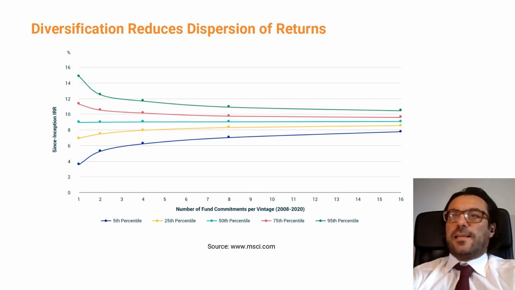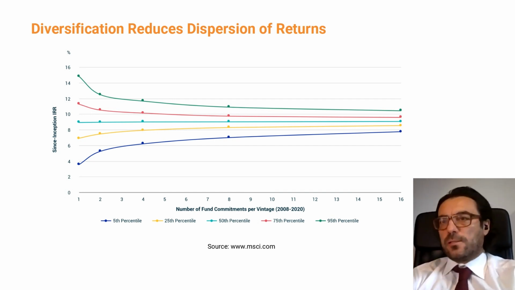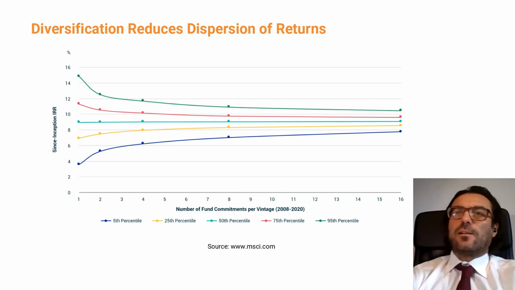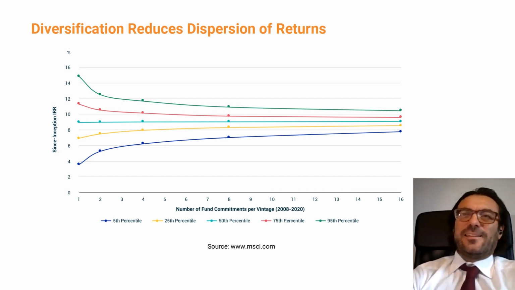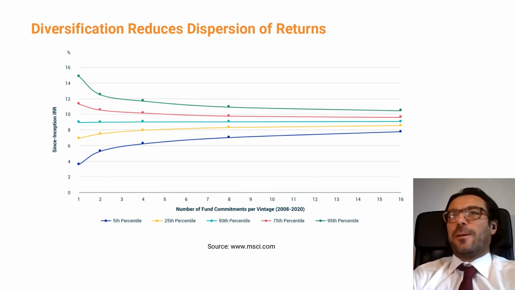What they have basically measured is the performance of a portfolio of funds under different scenarios between 2008 and 2020. So here they look at a situation where an investor has made only one commitment, okay? So across a number of funds.